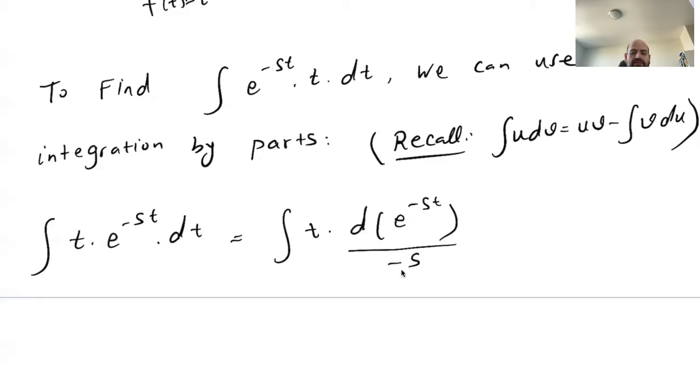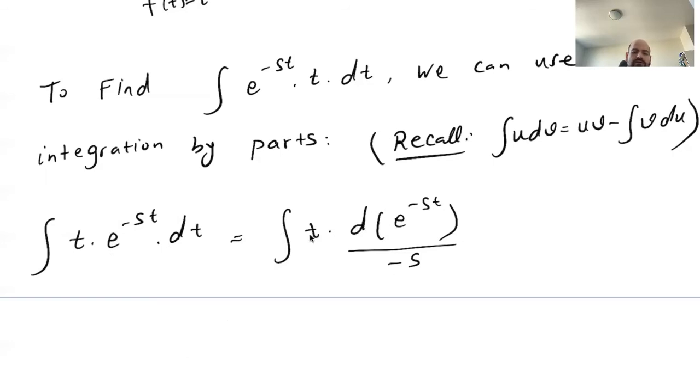So if I divide by minus s, I'll get e to the power minus st dt. So I can replace this part. So t, I wrote it as t. I can write this part, e to the power minus st dt, as d of e to the power minus st divided by minus s.